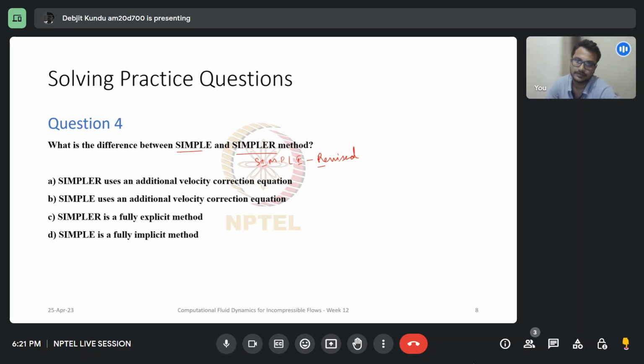We have to determine the difference between the SIMPLE and the SIMPLER algorithm. Option A says SIMPLER uses an additional velocity correction equation. Option B says SIMPLE uses an additional velocity correction equation. Option C says SIMPLER uses a fully explicit method. And option D says SIMPLE is a fully implicit method.